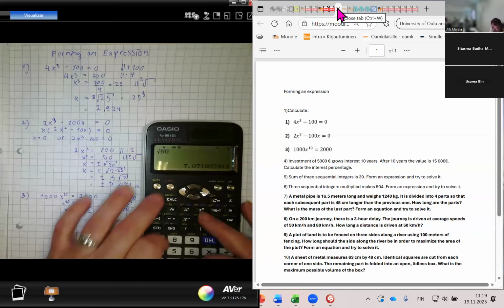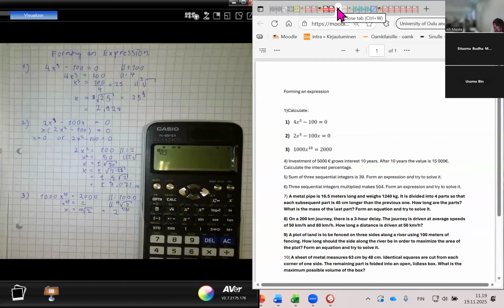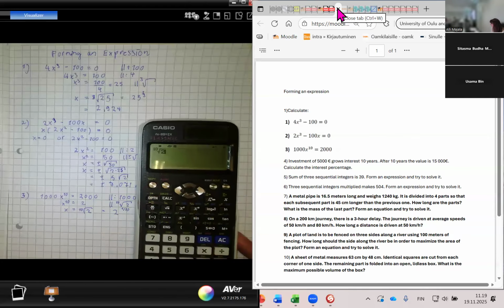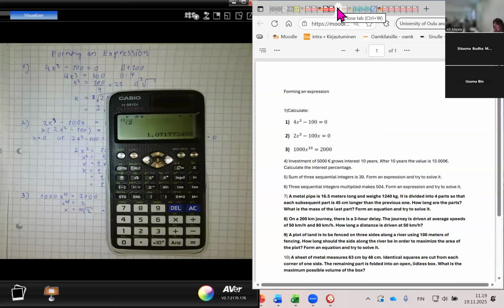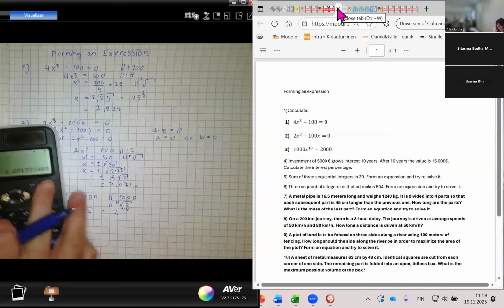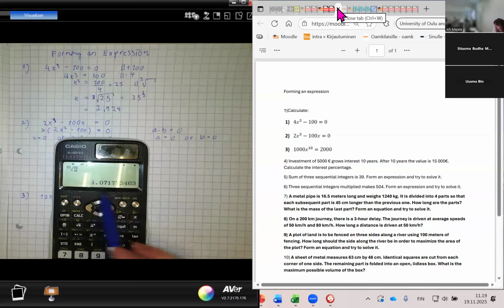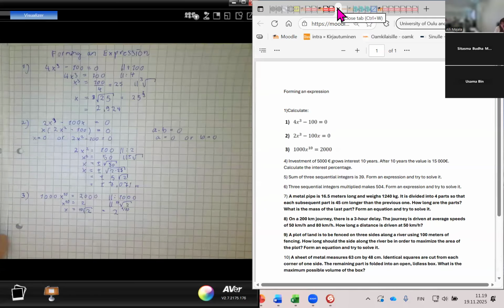Hmm. 10th root of 2. It looks like my calculator wants to do it anyway. Wow. So this number, if I multiply it with itself 10 times, then I get 2. Yeah, that's very interesting, isn't it? Or not?